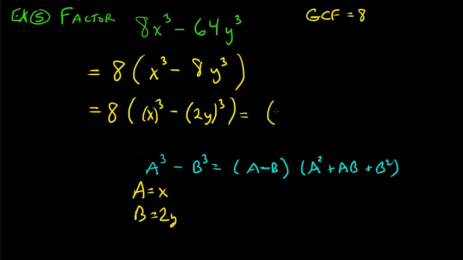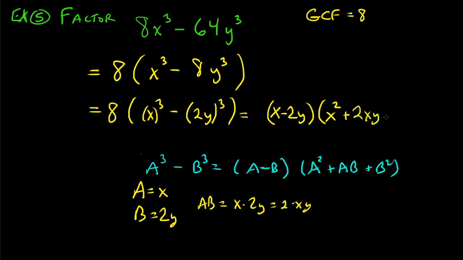So A minus B is x minus 2y. A squared is x squared. A times B, well, it's x times 2y, or 2 times x times y, so just 2xy. And then plus B squared, well, B squared is 2y squared.